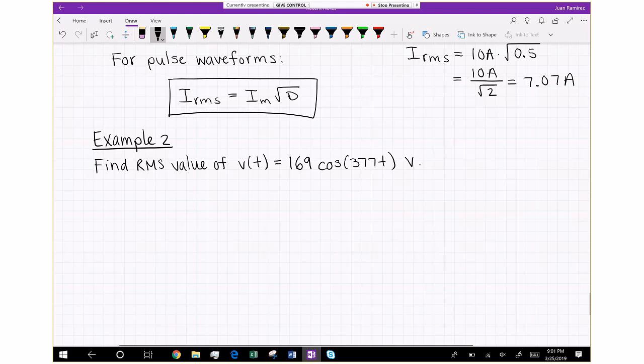Okay, so to find RMS value, you're always going to need the period. And if we recall, omega, the angular frequency, is equal to 2 pi f. And therefore, omega is equal to 2 pi over T. So if you solve for T, it is equal to 2 pi over omega. And omega is 377.